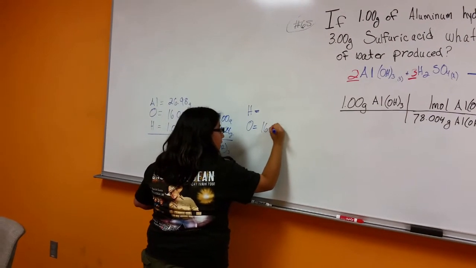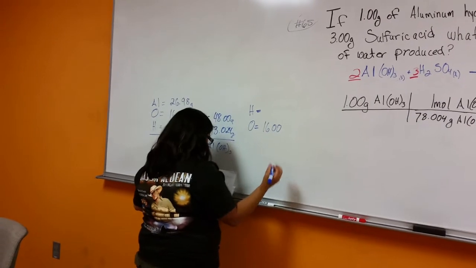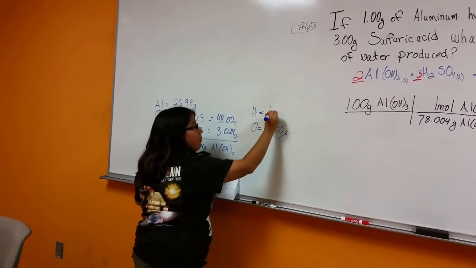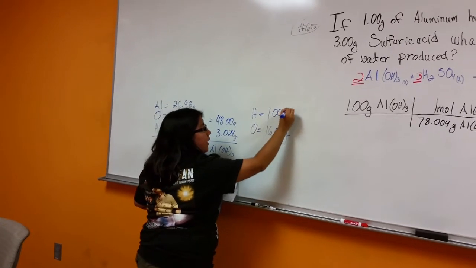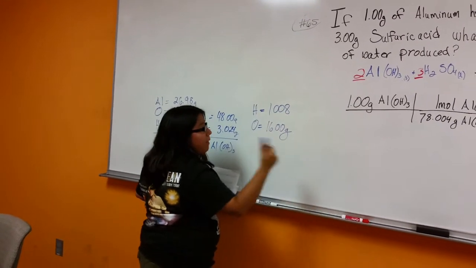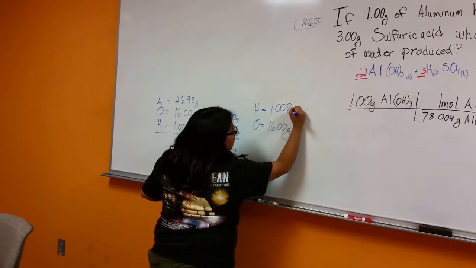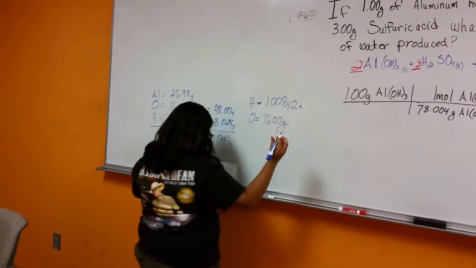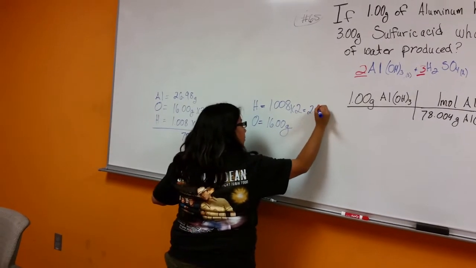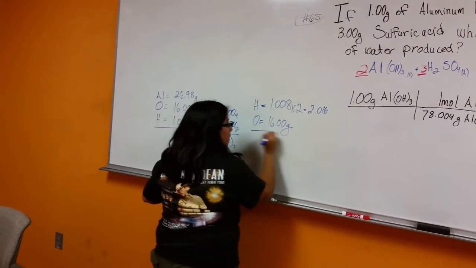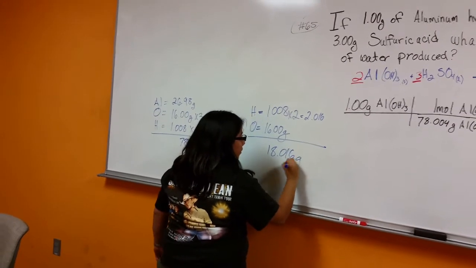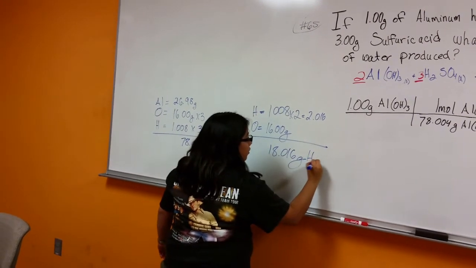The mass of oxygen, once again, 16 grams, and the hydrogen being 1.008. But we're going to multiply it by 2 because there's 2 in there. So multiply that by 2. It's going to give us 2.016, altogether 18.016 grams of H2O.